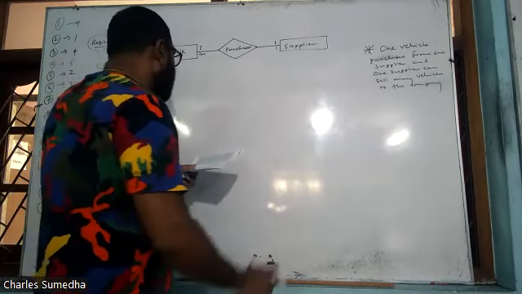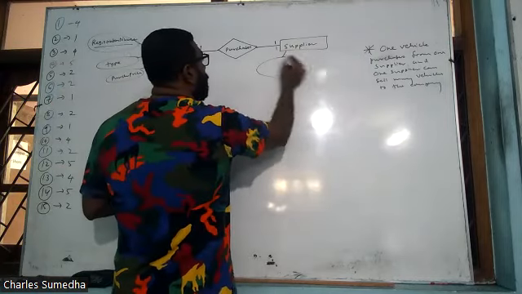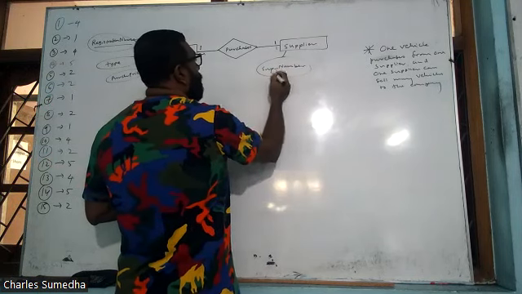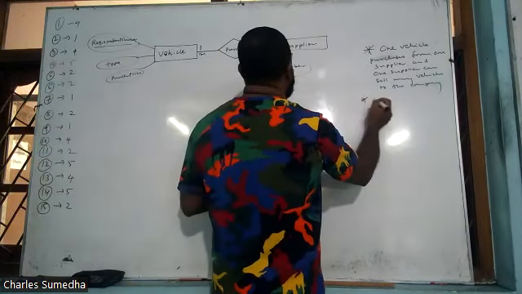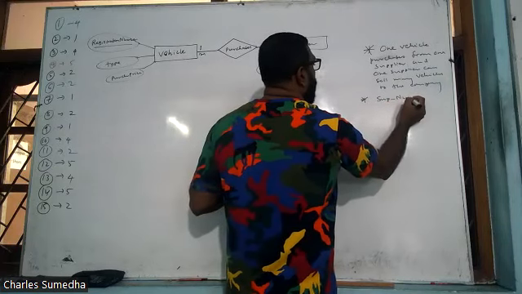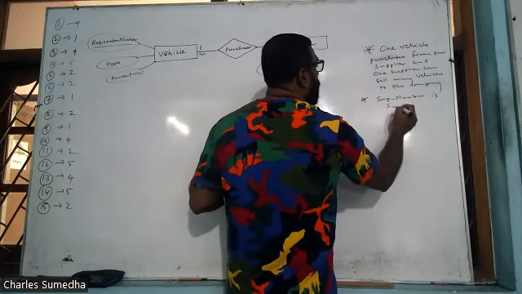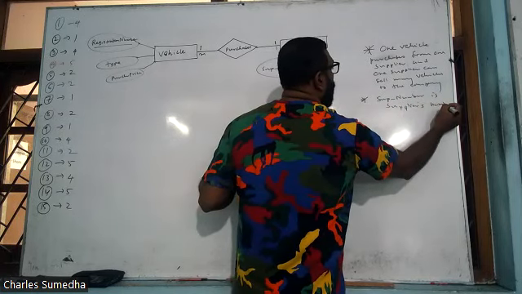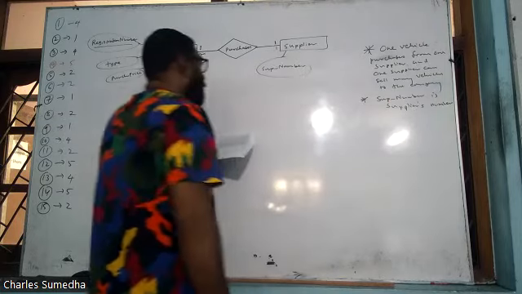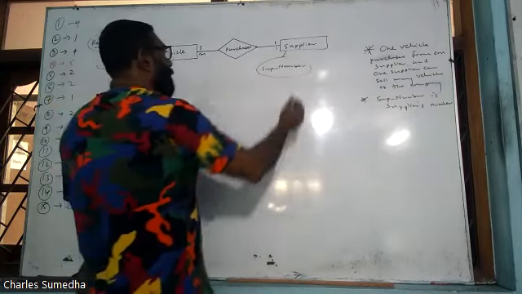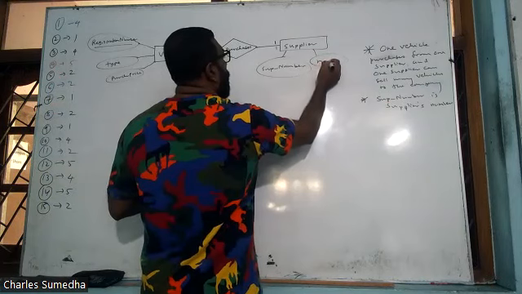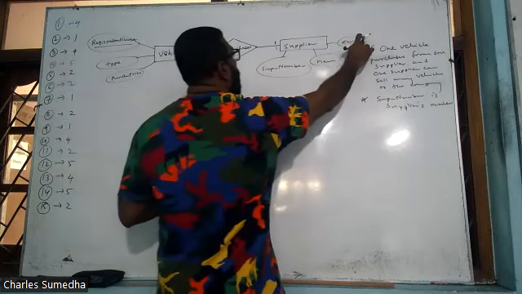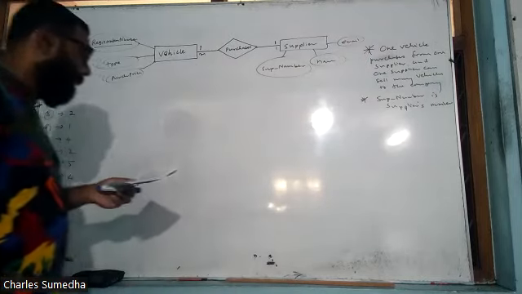The supplier has a supplier number, then the name and the email address. So these are the attributes.